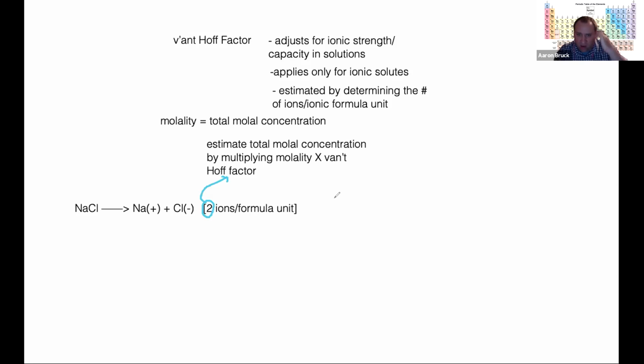So for ionic compounds, we do some slight modifications of our equations. Delta TB is equal to i times Kb times m.